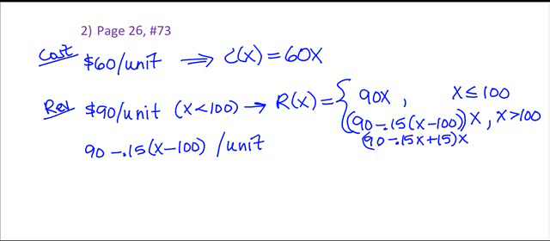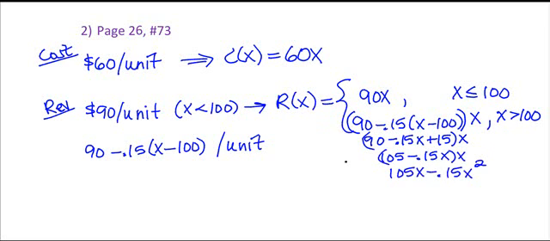So 90 plus 15 is 105 minus 0.15x, times x. So now if we distribute the x, we would get 105x minus 0.15x squared. Okay, so that is an expression for the revenue when more than 100 units are sold.